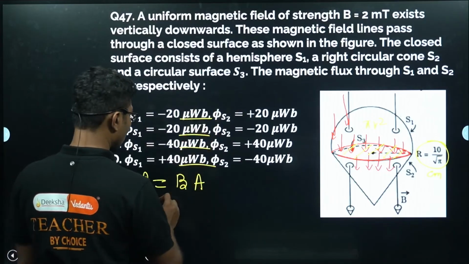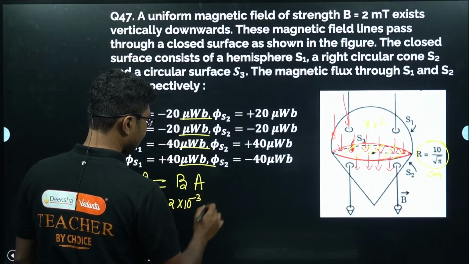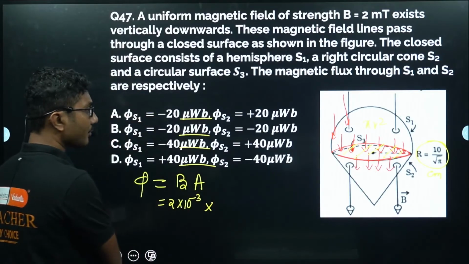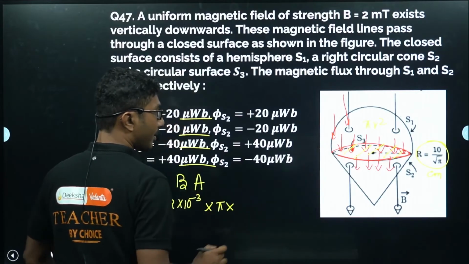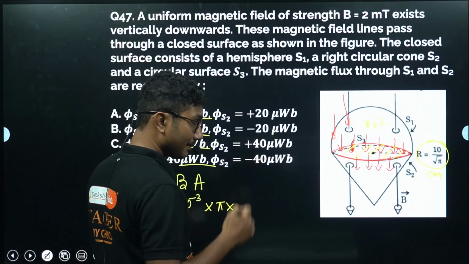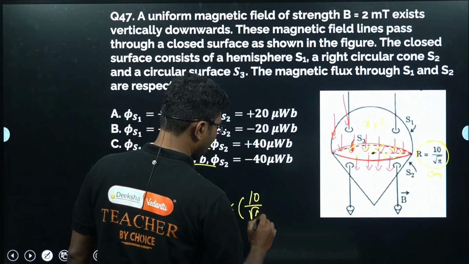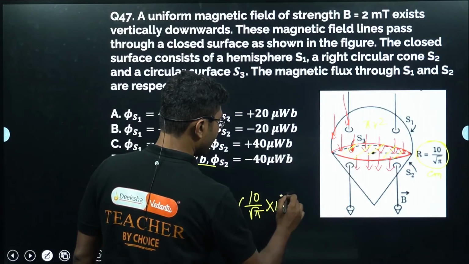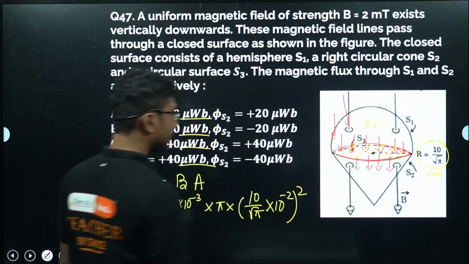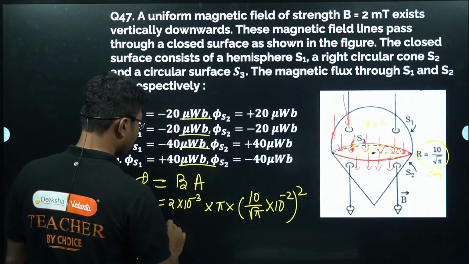B is given in millitesla, 2 times 10 to the power of minus 3, and the area is pi r square. Here r is 10 divided by root pi, in centimeter, so it will be 10 to the power of minus 2, whole square, but the unit was not given, so it was not coming as micro Weber.